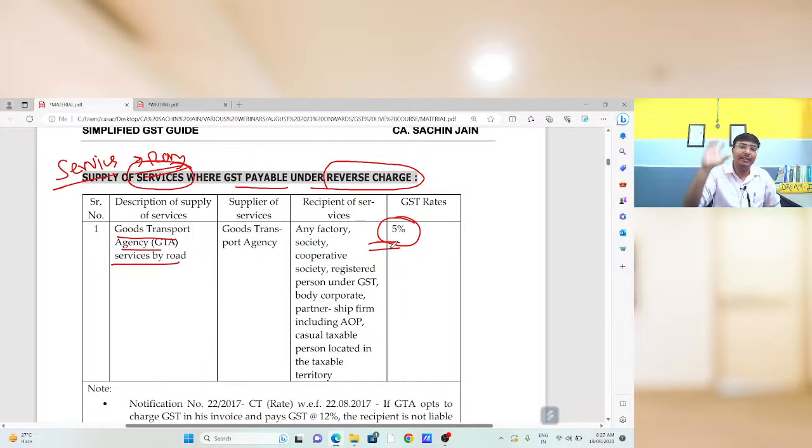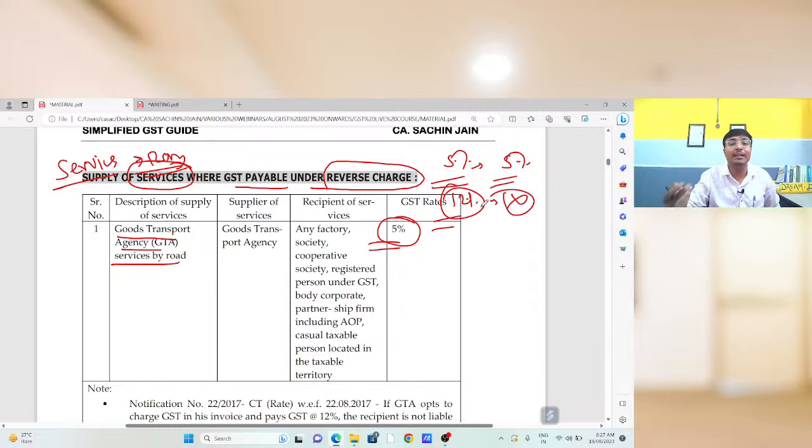Okay, input tax credit regarding the transporter, but the recipient has not claimed that input tax credit, because the provision is that when the transporter is going to make the payment of taxes at the rate of 5%, in that case the recipient also has to make the payment of taxes at 5%. Okay, and when the transporter is going to make the payment of taxes at 12%, in that case the recipient is not liable to make the payment of taxes under reverse charge mechanism. That is the concept.